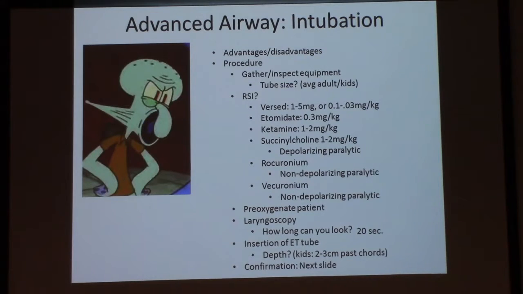So after we choose to ventilate our patient for 3 minutes, we can make the decision to go ahead and use our drug-assisted intubation if our patient still has a gag reflex. If they don't, obviously we don't need to go through all the medications that are out there. But the difference is that intubation is the best way to secure an airway. There's no chance of aspiration as long as you've done everything correctly.